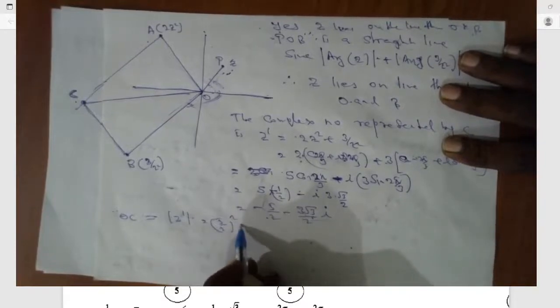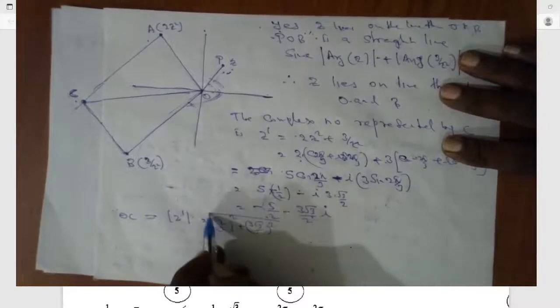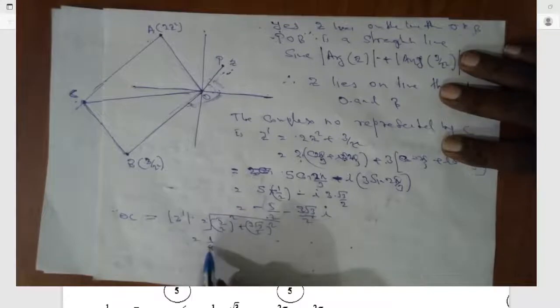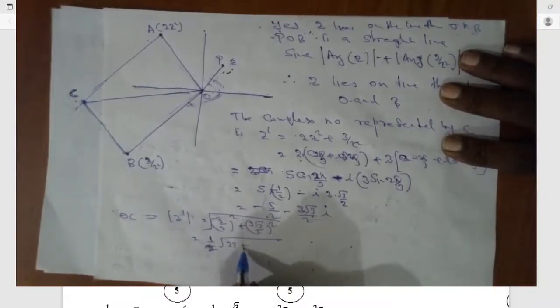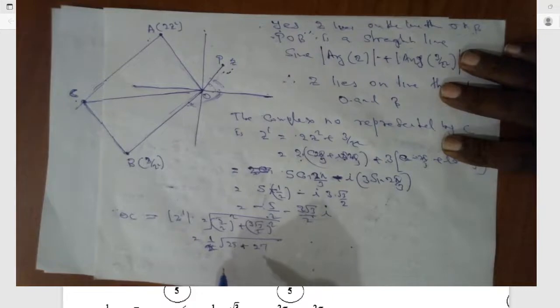OC is the magnitude of this complex number, C dash. Right? That is pi by 2 squared plus 3 root 3 by 2 whole thing squared, square root. Is it clear? That is half times 25 plus 27. Right?